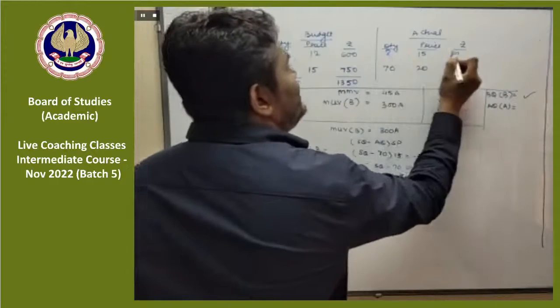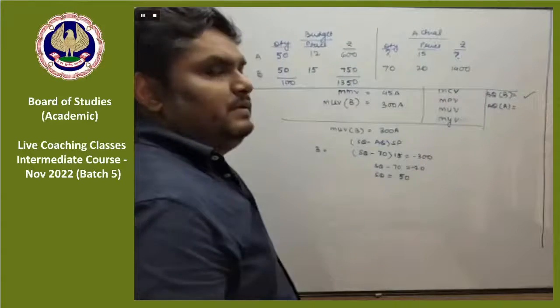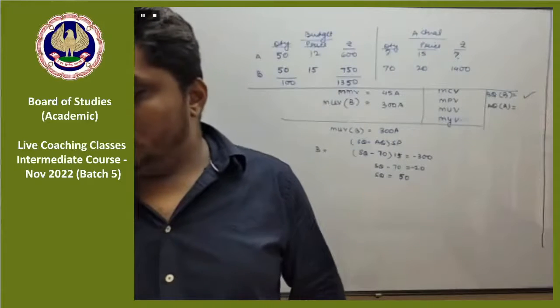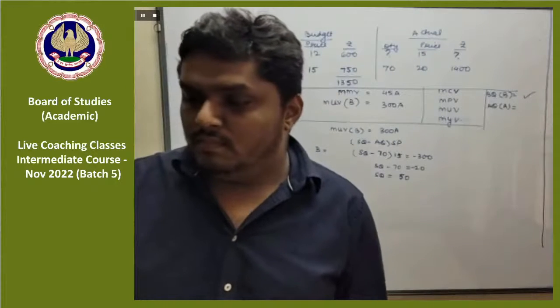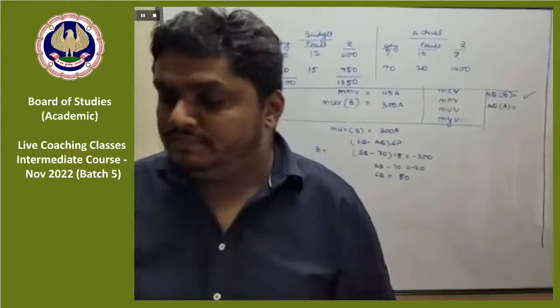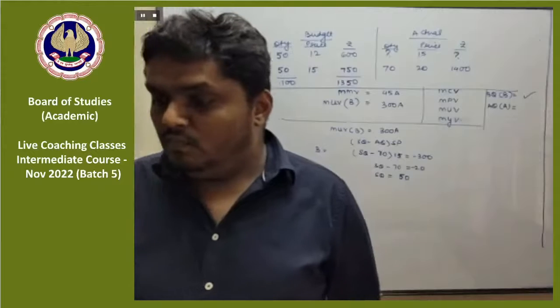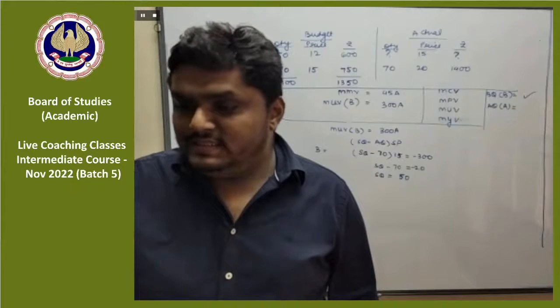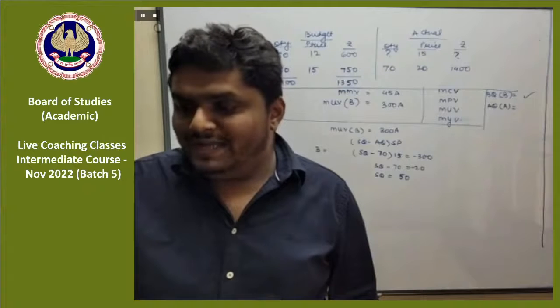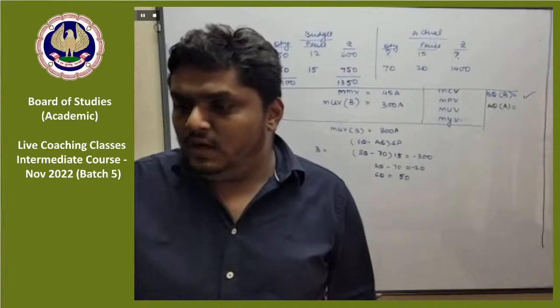Now this part is left out, so waiting for your answers, guys. Arvind AS, your answer is correct. Very good. Yes, Ritika, very good, guys. Actual quantity is incorrect, Rahul.